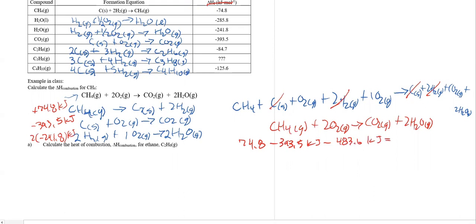And so when I add all of that together, I get negative 802.3 kilojoules. So this delta H of combustion is negative 802.3 kilojoules.